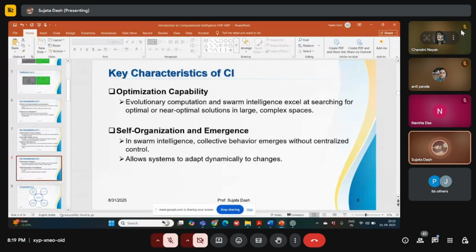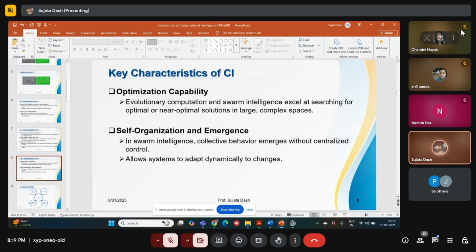Then next is self-organization and emergence. So what is it? In nature, we see amazing collective behavior without any single leader. For example, birds flying in flocks. There is no leader when birds are flying in flocks, so it is a collective behavior.